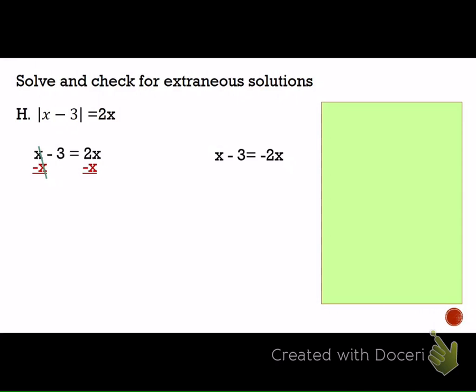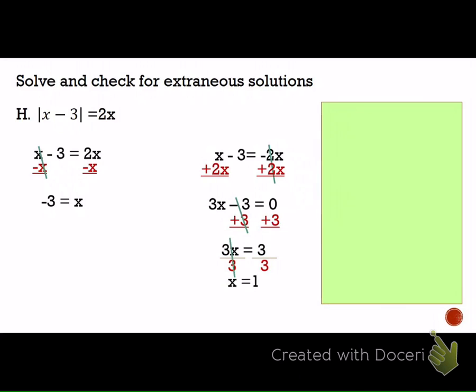And in that first one, I love when this happens. 2x minus 1x is just x, so x does equal negative 3. On the other one, you could still subtract the x from both sides. That's not the way it's programmed, so I'm just going to go with the way that it's going to pop up here. The reason I don't typically do it this way is because of this. You get a 0, but you can still just add the 3 and then divide by the 3, and you get that x equals 1.